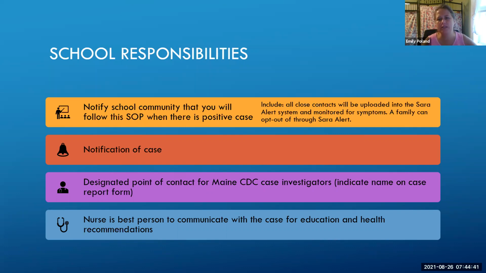So the person who is sick or is the positive case, they might be asymptomatic, but it is the nurse's role to educate the family on proper isolation at home, how to monitor for symptoms, and when to decide to go seek further medical care if needed. All of the other roles, notifying close contacts, communicating with families about quarantine, can all be done by other school staff.